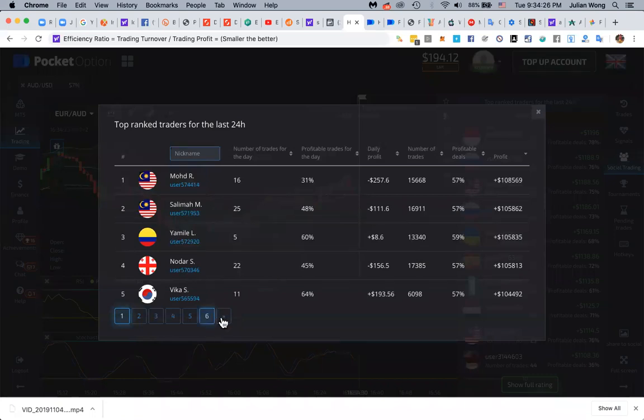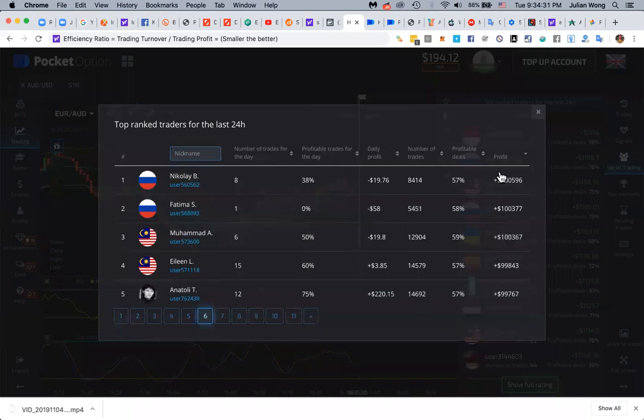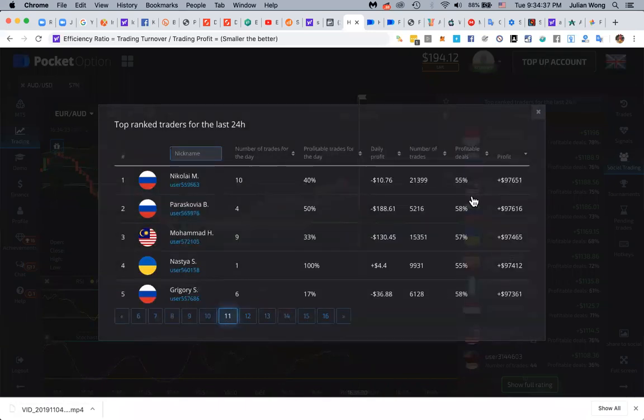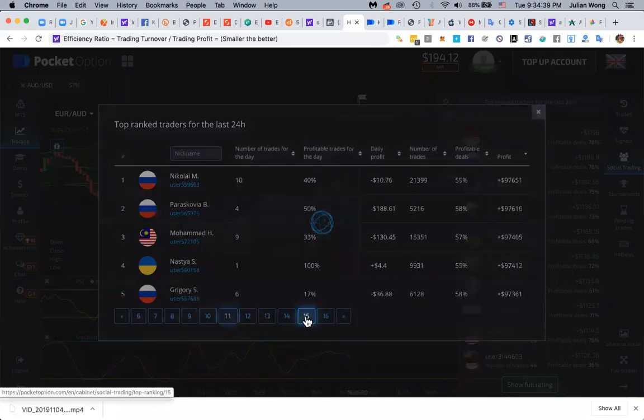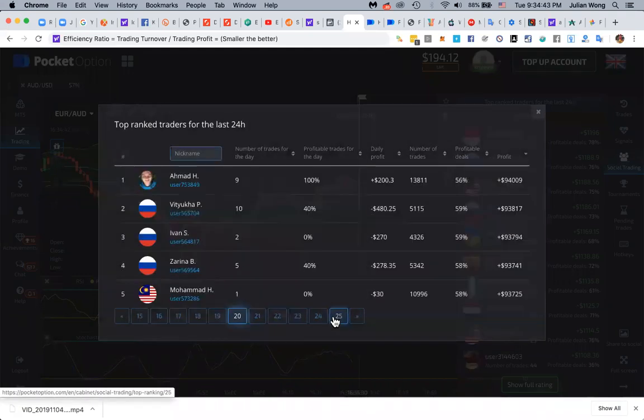So now let's go many pages in. Why? Because I don't mind the profit to be less, but I want the profitable deals to be more. So we're going to skip many pages in. I should be seeing a 60-something percent, 70-something percent. Just go on with this, and then you eventually find some.